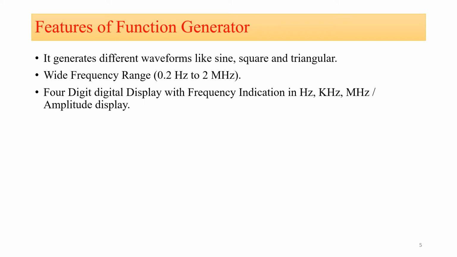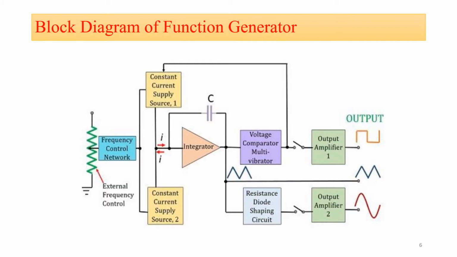As we know, the amplitude display and the frequency display is common. And the last feature is the maximum waveform amplitude, which is up to 20 volt peak to peak. So these are the various features.